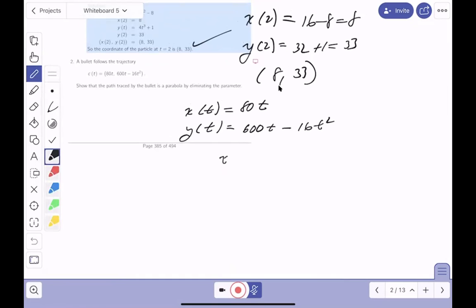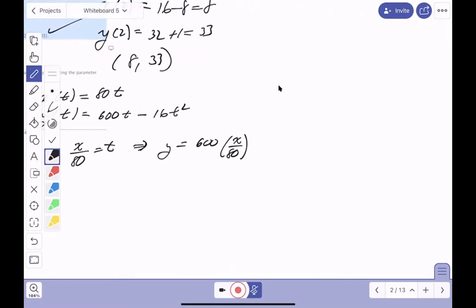What's x? x over 80 is equal to t. I'm going to plug that in now. It's going to be y equals 600 times t, which is x over 80, minus, I know we just did it, by the way, minus 16 times t squared, which is x squared over 80 squared. And let's see if we can do that.